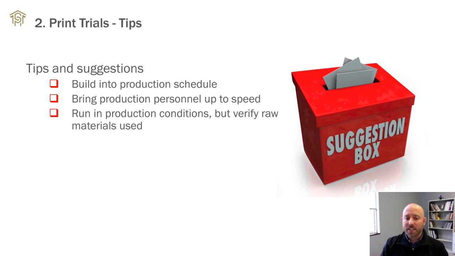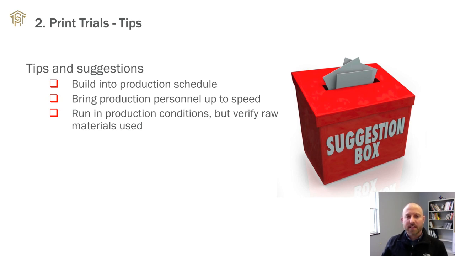Run in production conditions, but verify raw materials used. What the first book is trying to say by this is: run things normally, but just double check that your normal operation is appropriate.